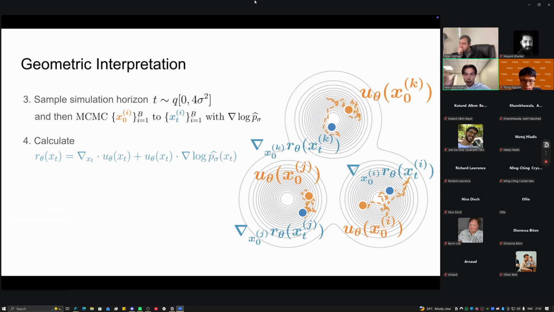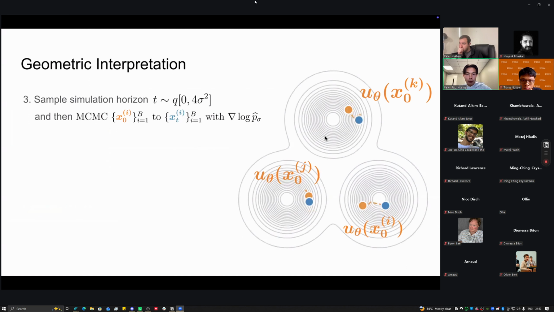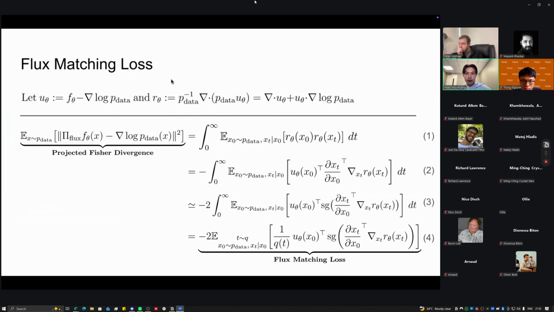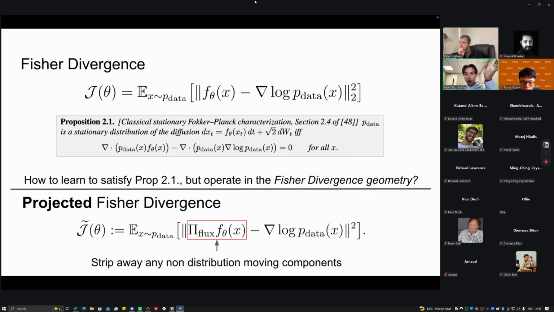So I'll explain some intuition on why we're doing this MCMC process. The main thing to note when we go back to our original construction is this R theta value is actually quite important. We could directly use R theta as a way to measure how far f is from a data generating vector field, while also being blind to any data preserving dynamic. But the issue is because we take the divergence of this probability flux, we actually operate one derivative below the vector values that we actually care about, which again goes back to our projected Fisher divergence.